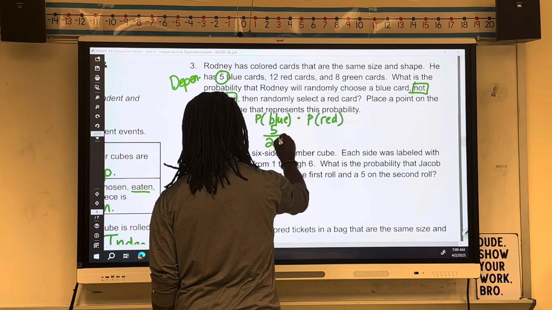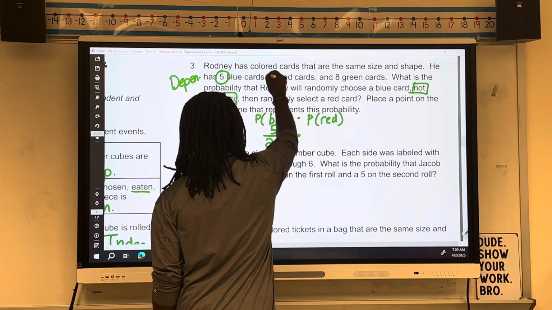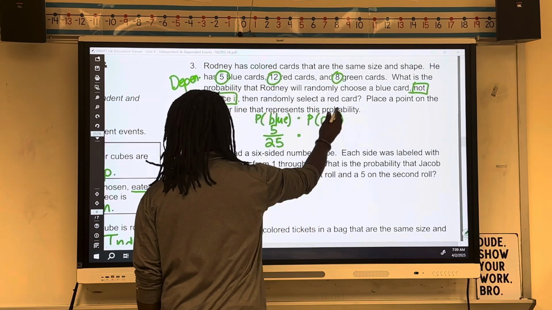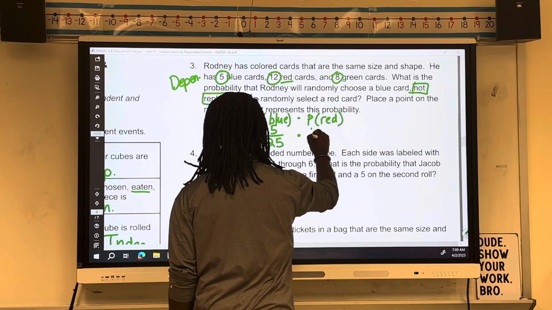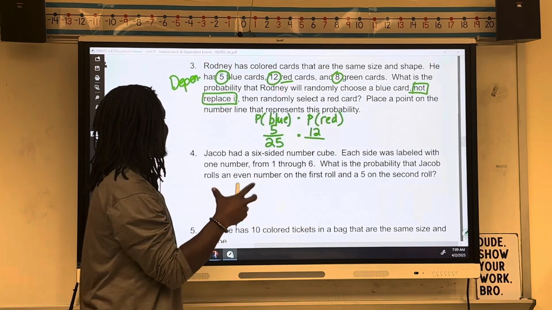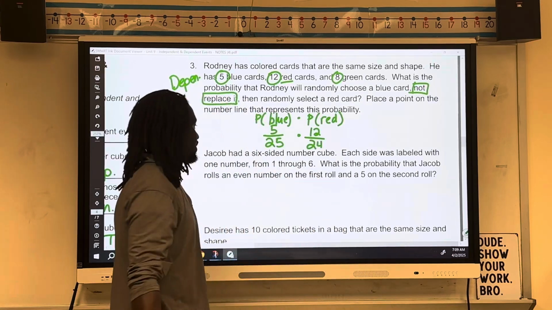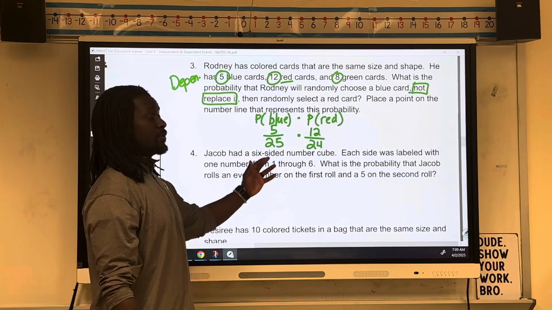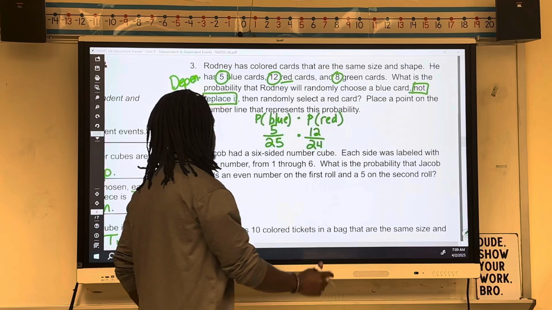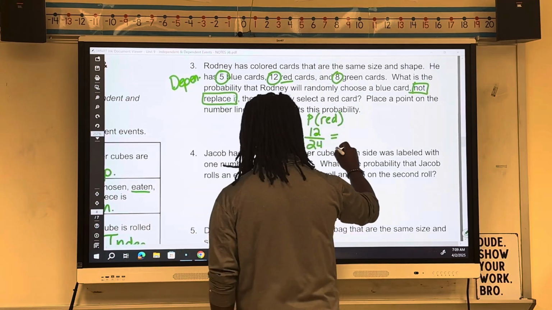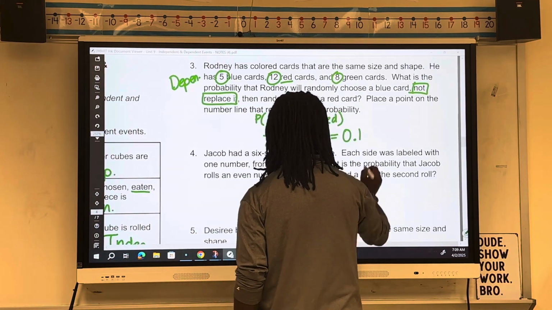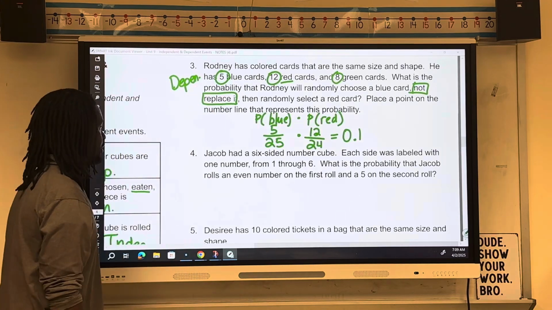So I got 5 over 25. Okay, then I got 12 red. And again, I'm taking it out and I'm not putting it back, so therefore I'm going to lose 1, and that's over 24. Then I plug this into Desmos, and I will get 0.1 again. All right.